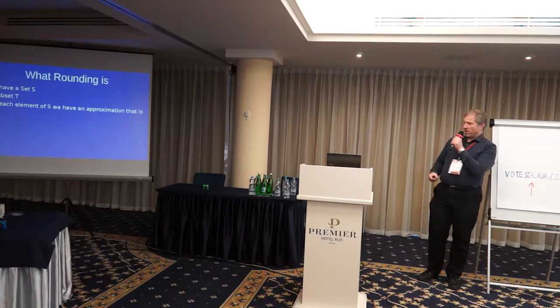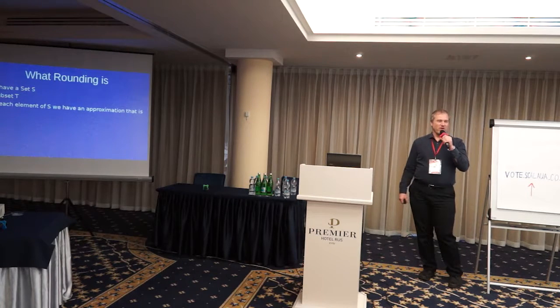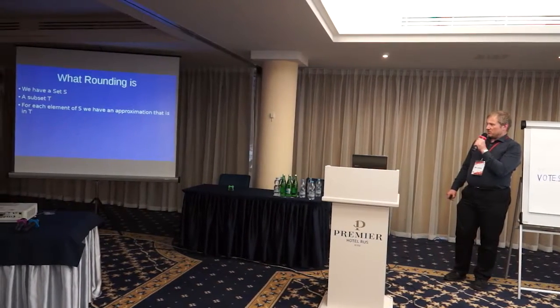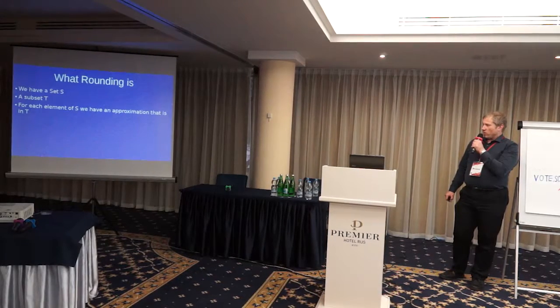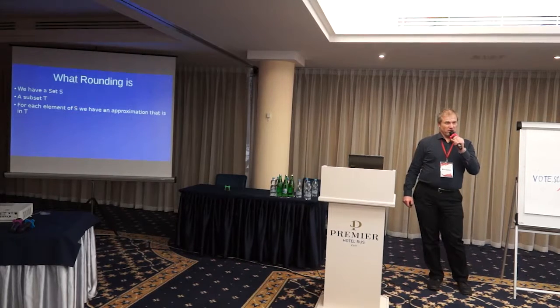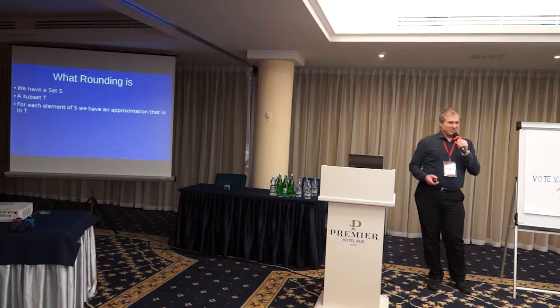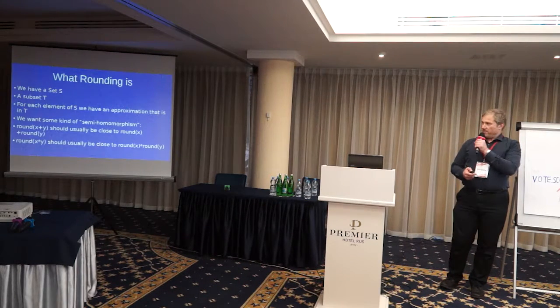If we look at it more mathematically, we have a set S of values, and then we have a subset T. That is what we allow after the rounding. We would think that this rounding is some kind of approximation. What approximation means is, of course, a little bit arbitrary, but most of the time we know what it means.